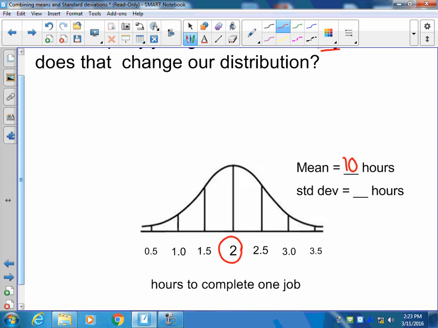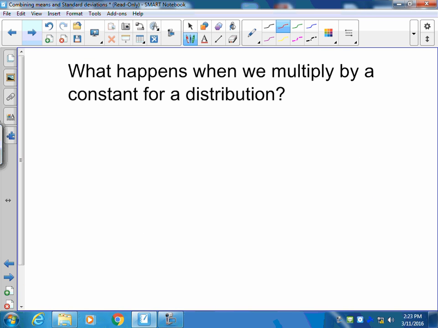As we build through, the one thing that we'll see is the standard deviation now increases based on that value. So if we're talking about a single situation, a scale factor of 5, a multiplier, has the exact same effect on the mean and standard deviation overall.